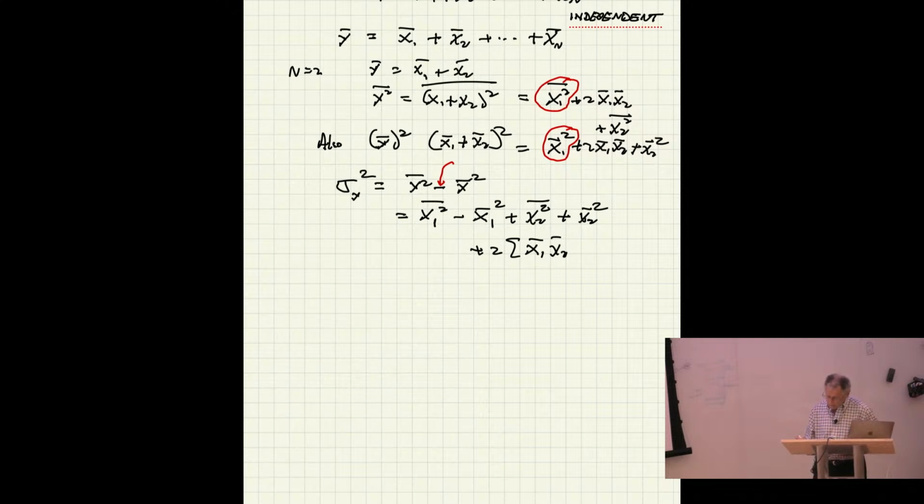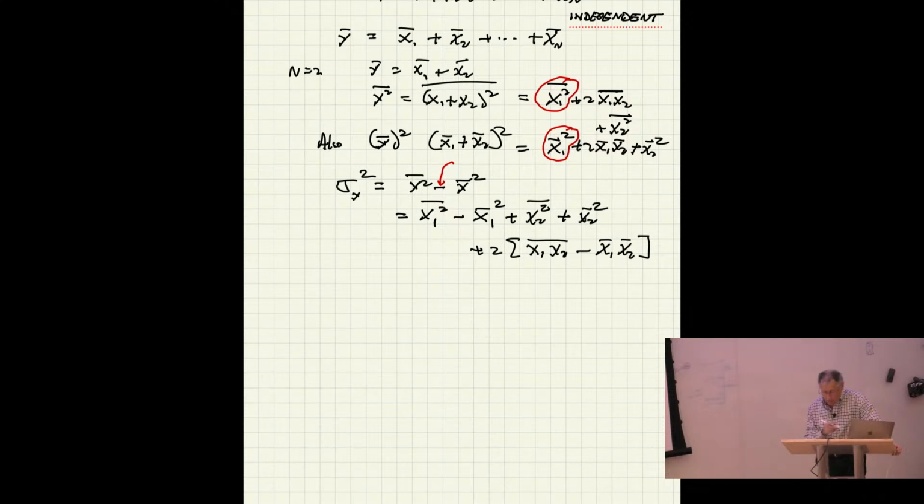Sorry, this fellow up here should have been different. I haven't yet used the independence. Before I do, it's the average of the product. So I'm going to do x1 x2, and that's going to be a constant bar. Minus the individual moments, x1 times x2.